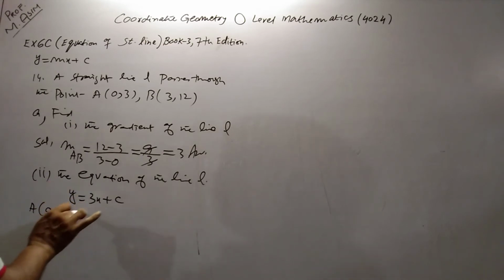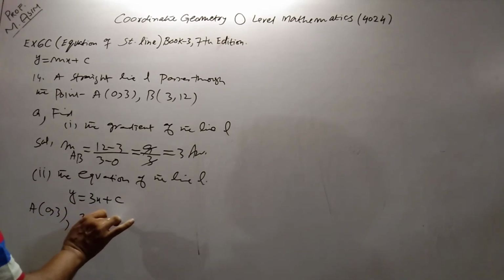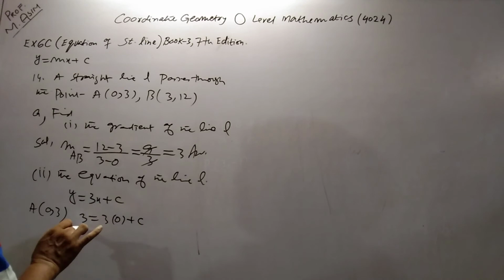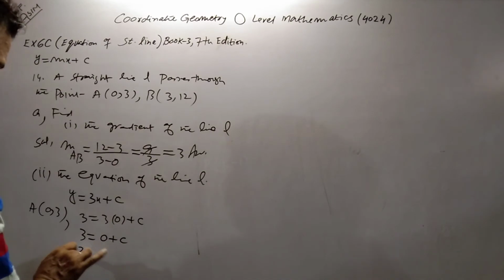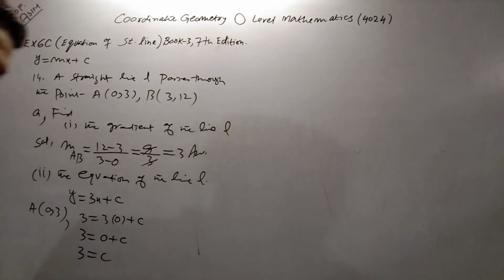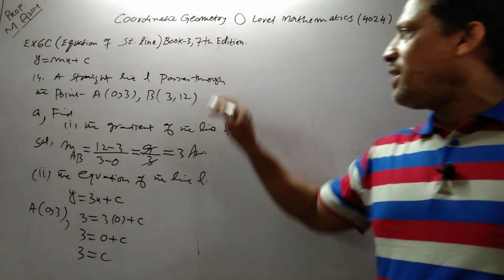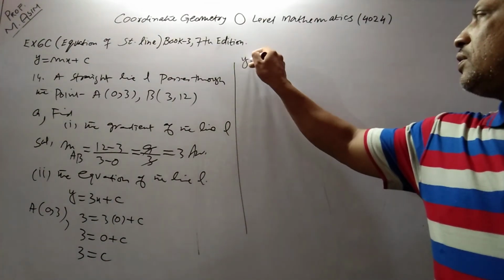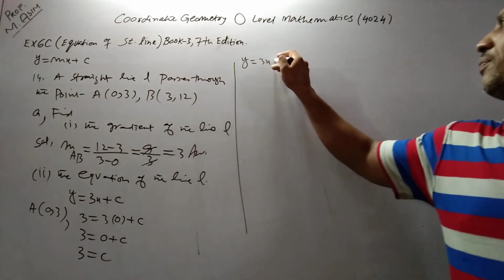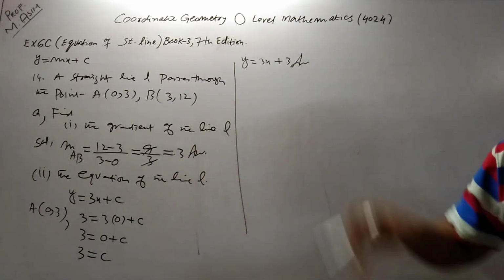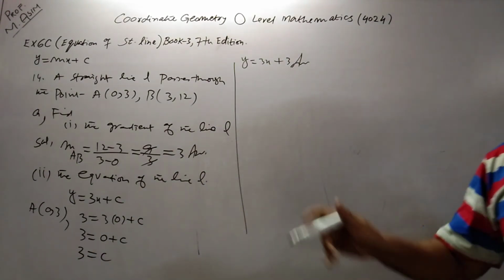So the value of y is 3 and the value of x is 0. So 3 equals 3 into 0, 0, plus c. Therefore the value of c is 3. Hence our equation of the straight line is y equals 3x plus 3. This is the answer of part 2.